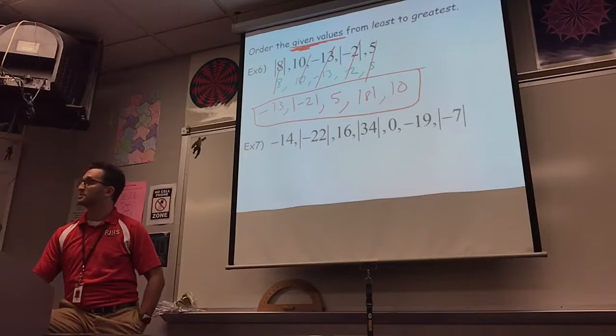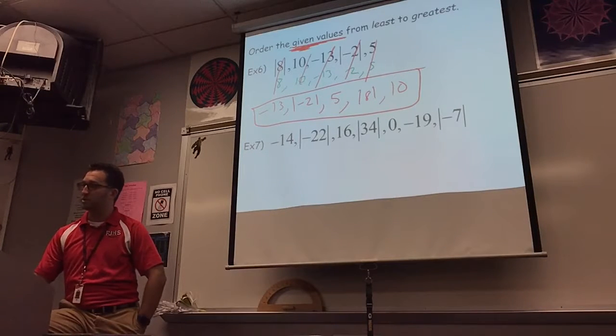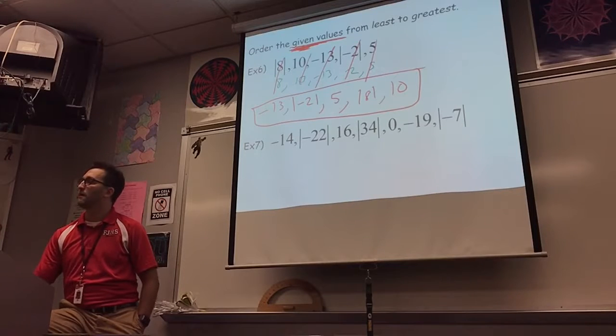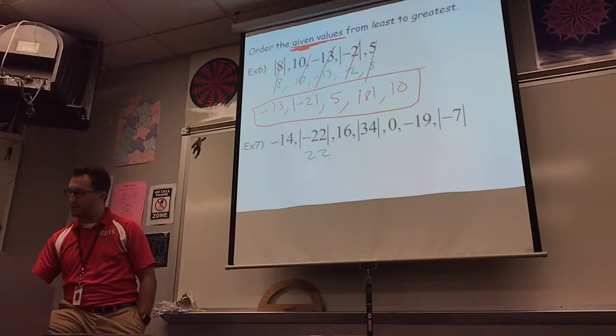If you were going to go to negative 22 on a number line, how far away is negative 22 from the origin? How far away is negative 22 from 0? 22 steps, exactly.